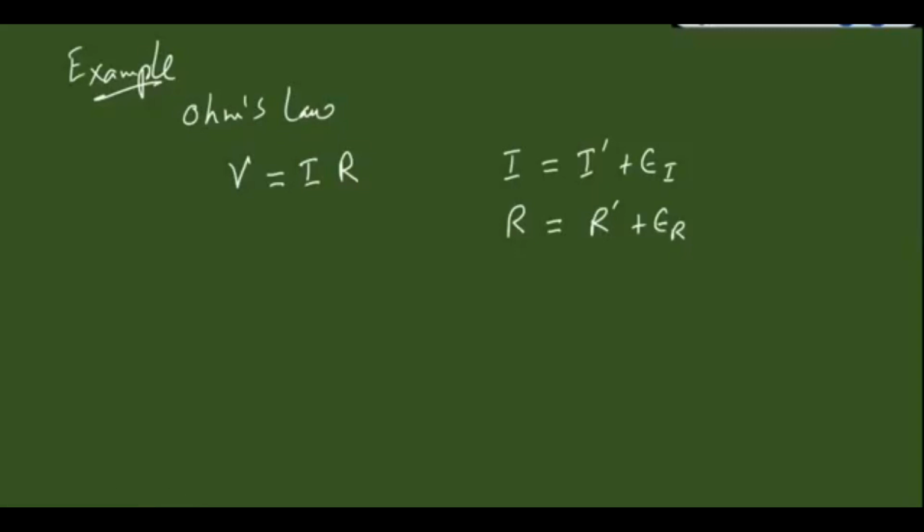So one can clearly see that if I plug I dash into R dash, this is not going to be V, it should be a V dash because it contains error, since I am not using the correct reading.